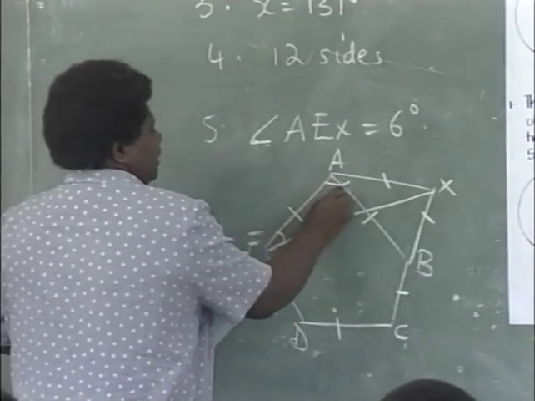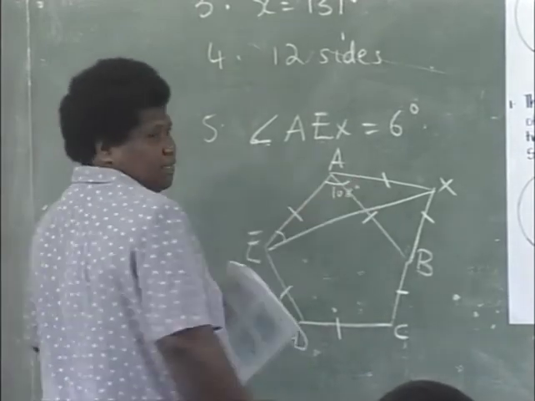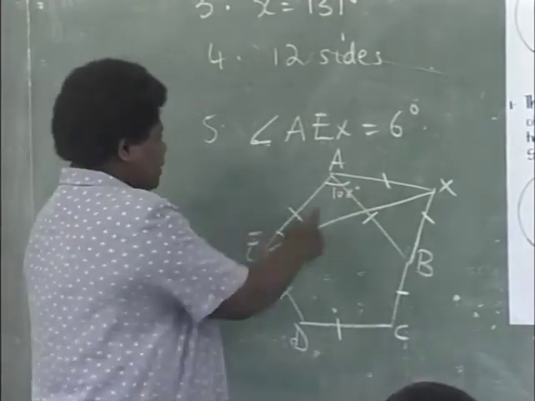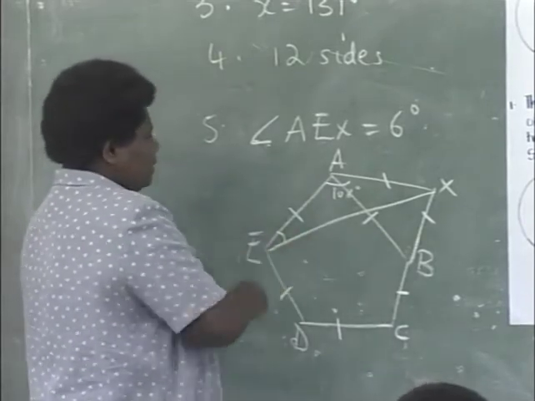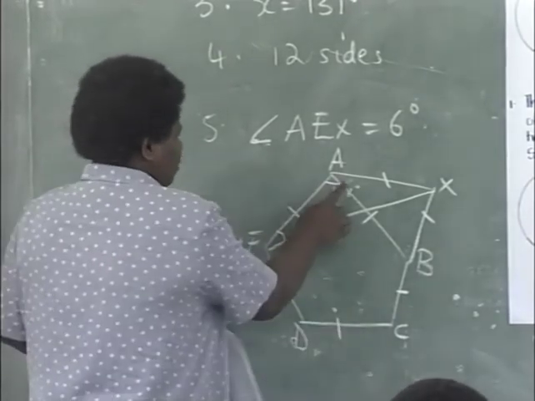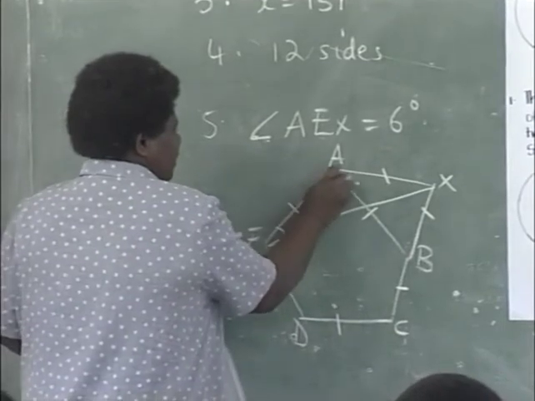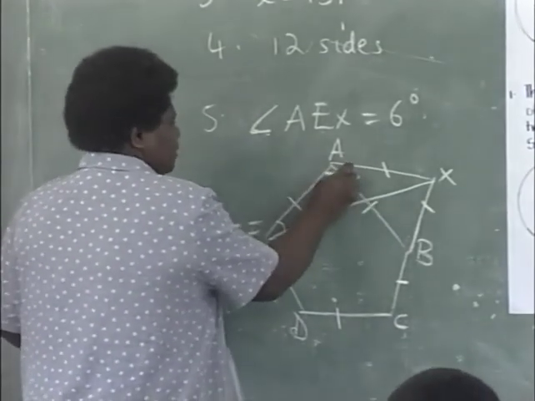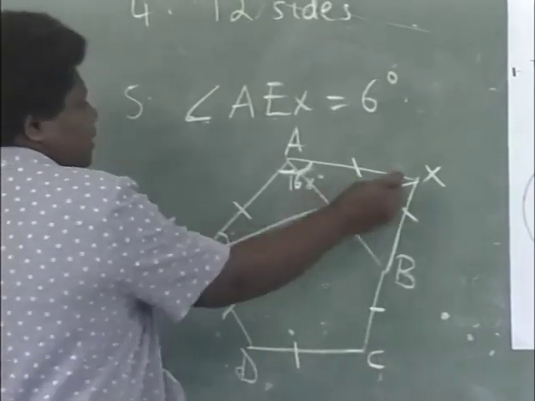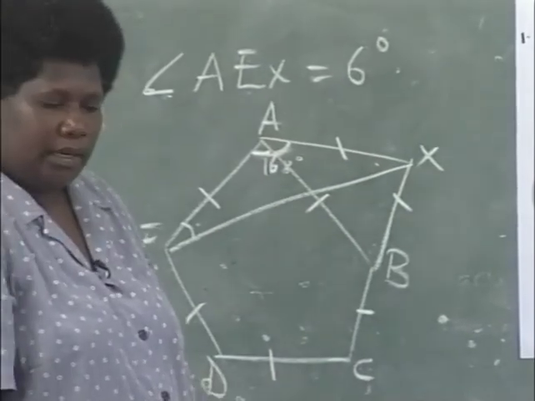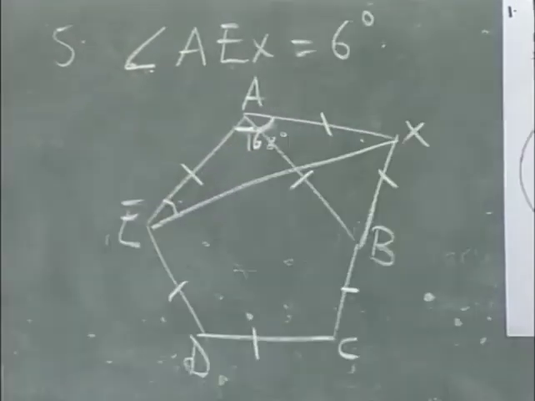This angle is 108 degrees. It's actually quite easy to find. That's an isosceles triangle, which means 108 plus, is it 108? No. This is 108 and this is 60 degrees. So the whole angle is 168 degrees, plus 6 and 6 will give 180 degrees. So that's why angle AEX is 180 degrees.